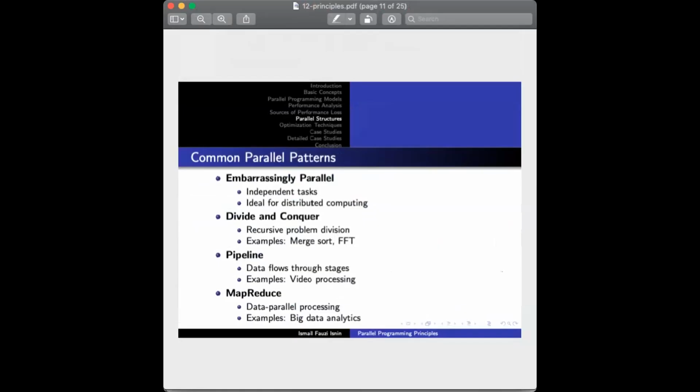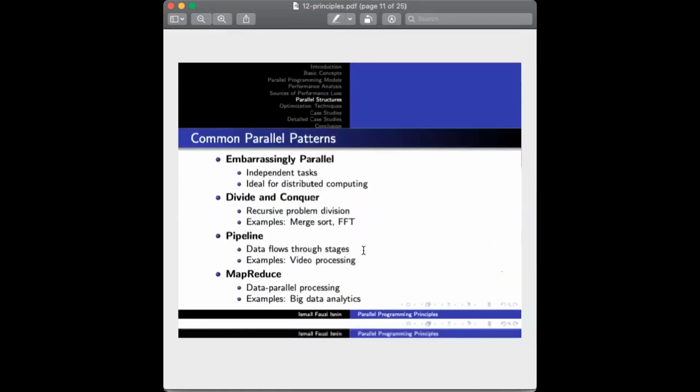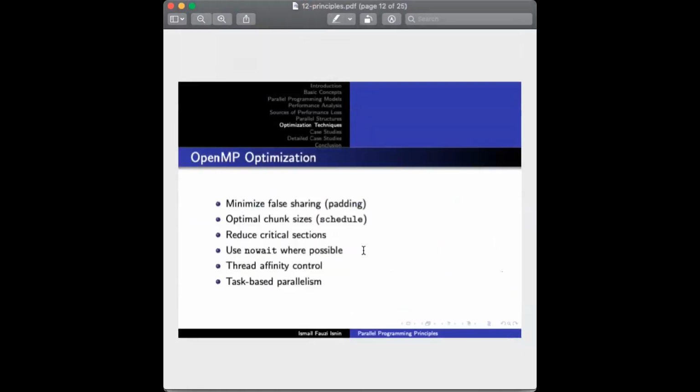It forms the foundation of modern big data analytics. This is the trending approach right now, and we are using it. Next, OpenMP optimization.